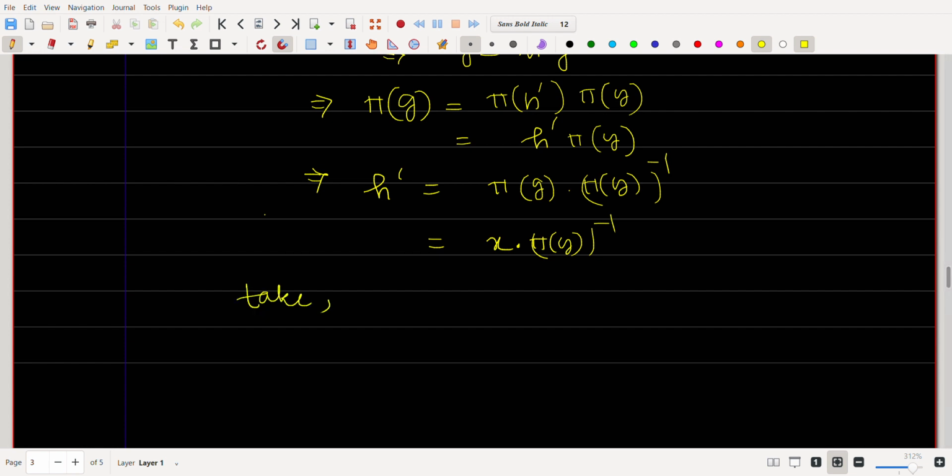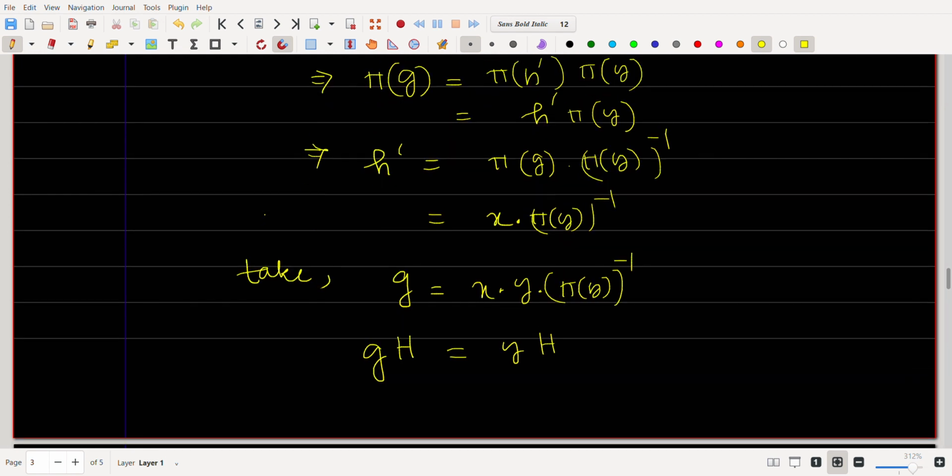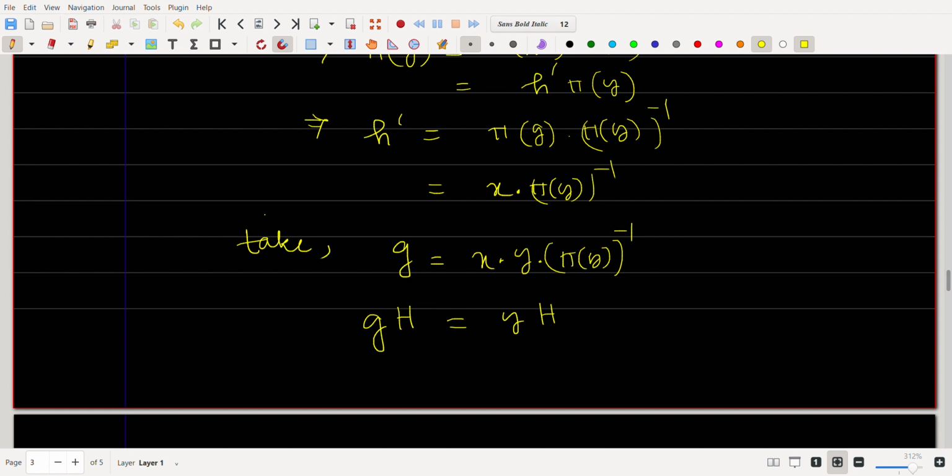Then take g equal to x dot y dot pi y inverse, sorry, x dot, if you take g to be x dot y dot pi y inverse, then gH equal to yH, because y inverse g, I think I did some mistake.